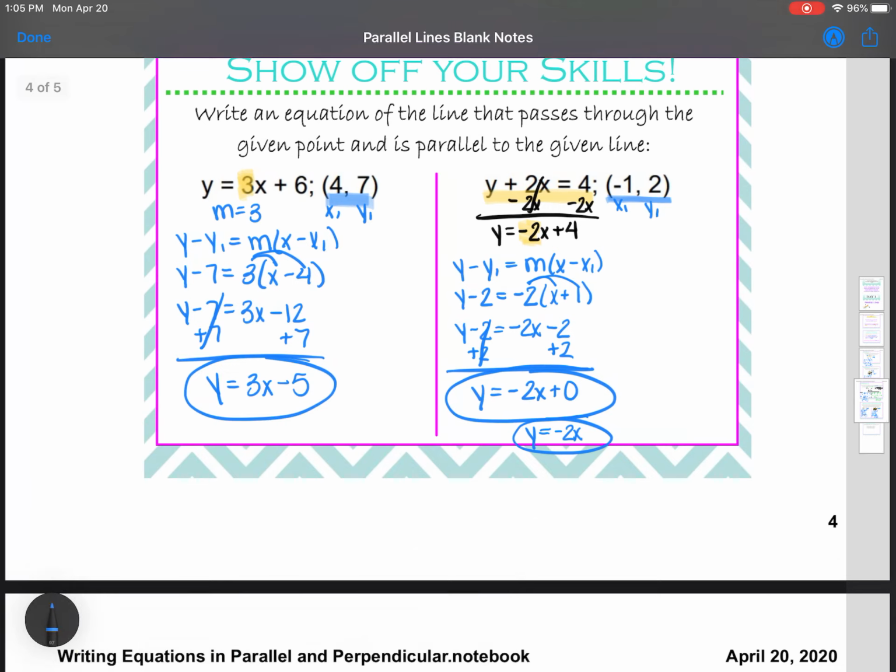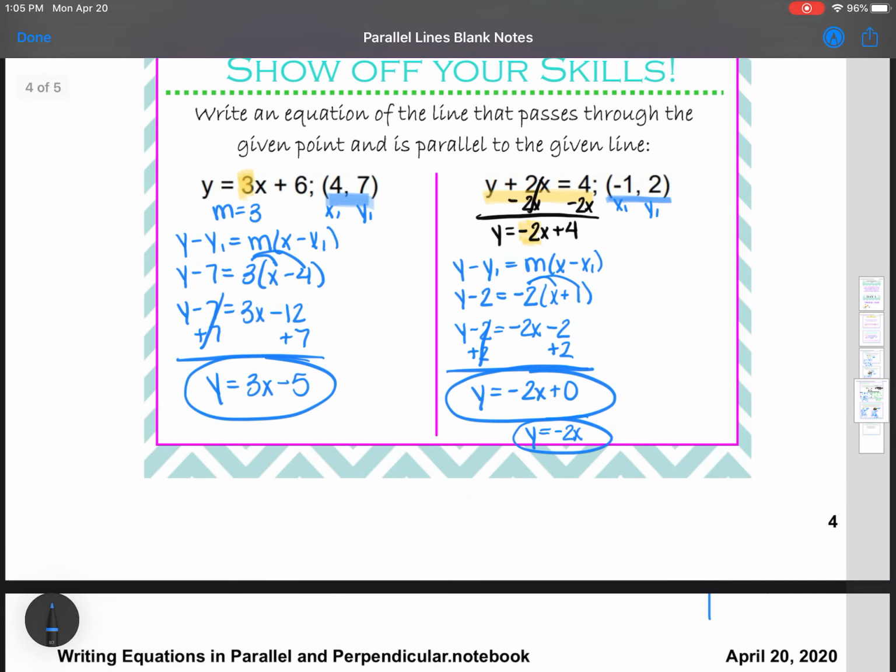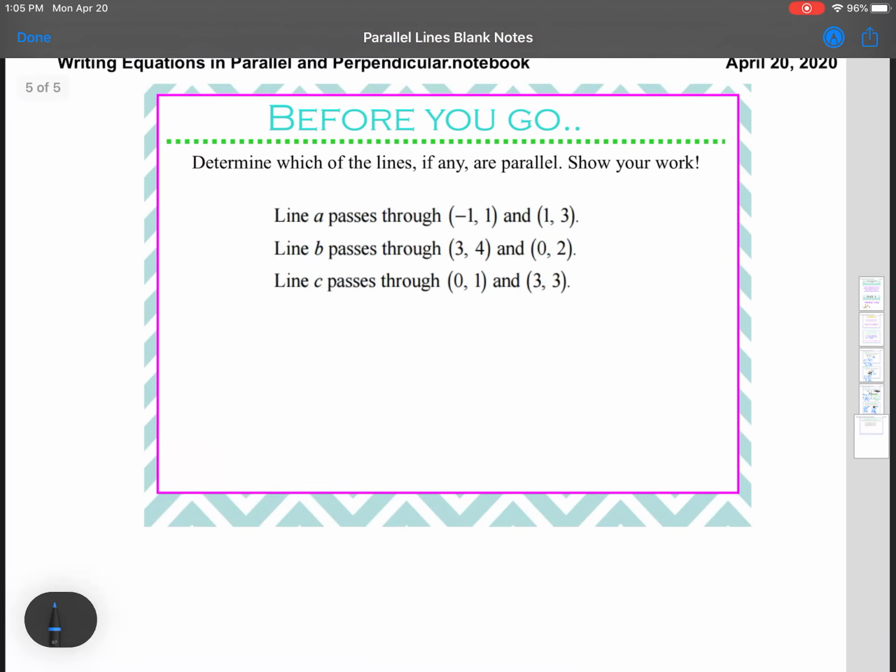All right, last part of today's lesson. If I can get my iPad to work, there we go. So now, we have to determine if any of these are parallel.